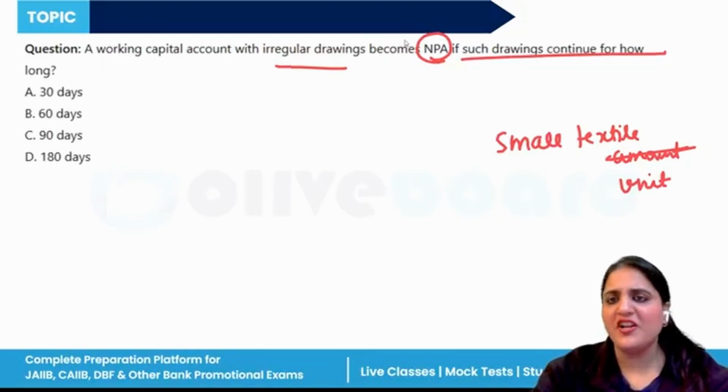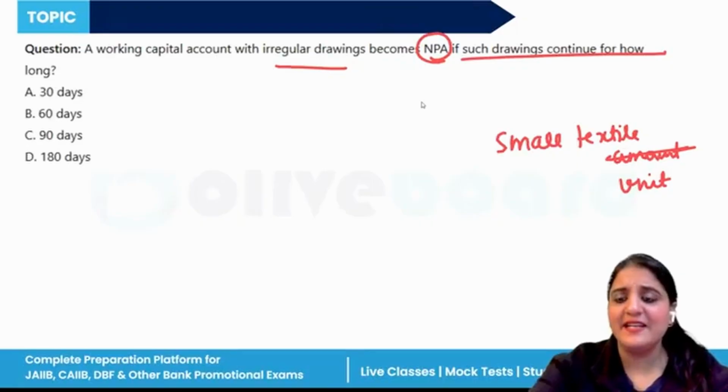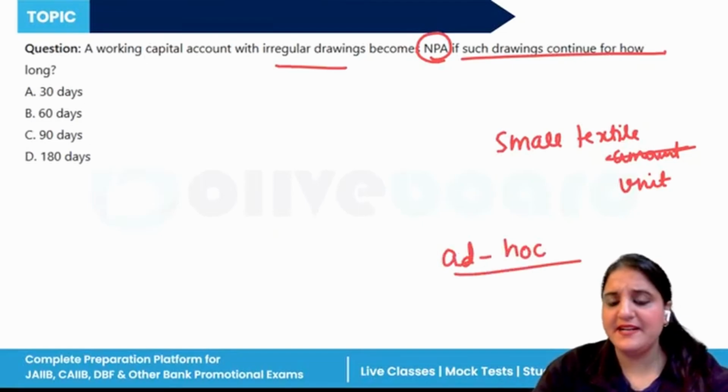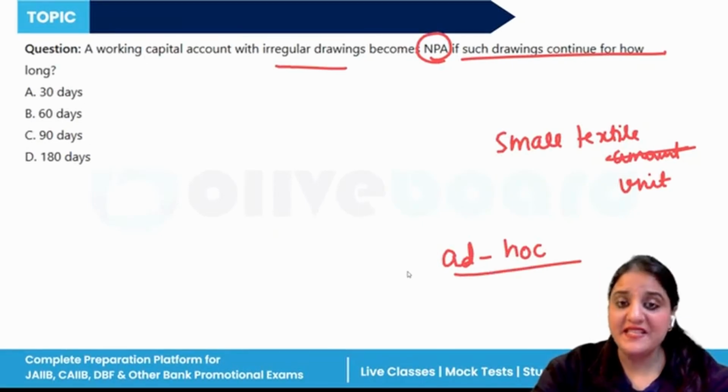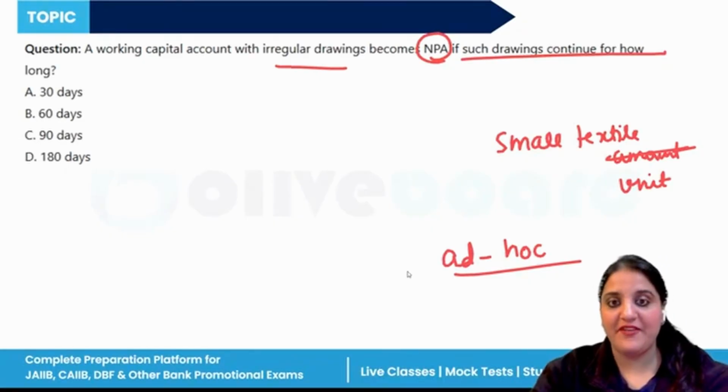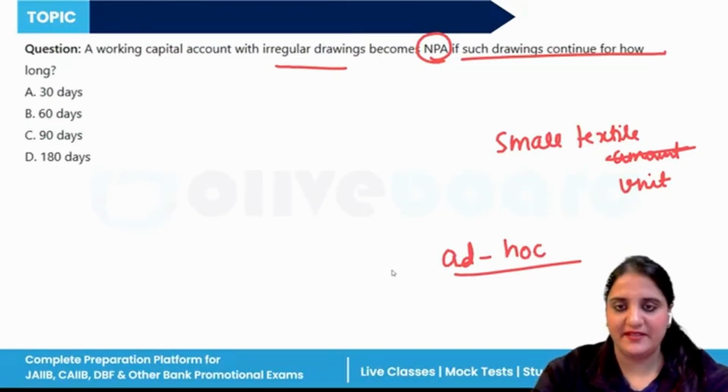So, what is the meaning of ad hoc limits? Ad hoc credit limits are temporary short-term enhancements to a borrower's existing working capital facilities, typically granted by the banks for 30 to 90 days.